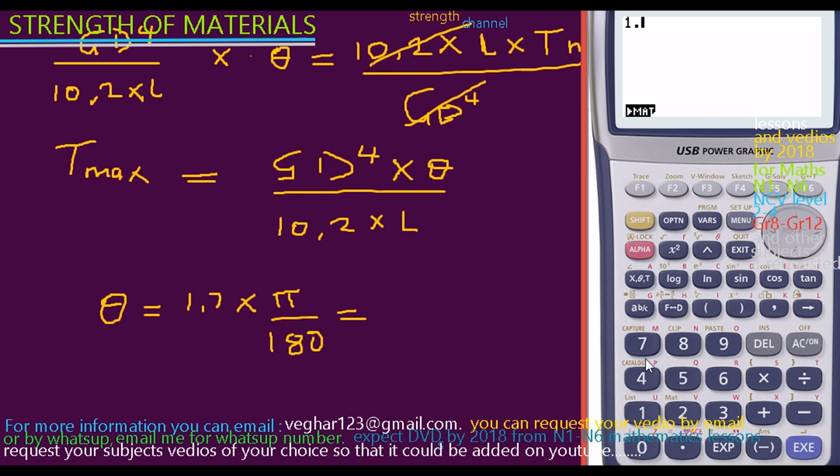Can you calculate this? 1,7 multiplied by shift pi, and then divide by 180, and then the answer is 0,0296, converting this is 97.